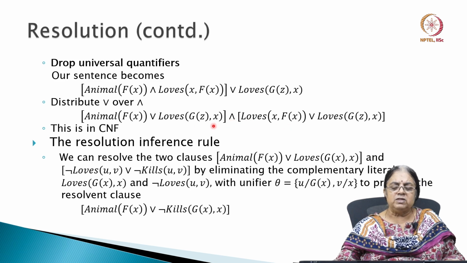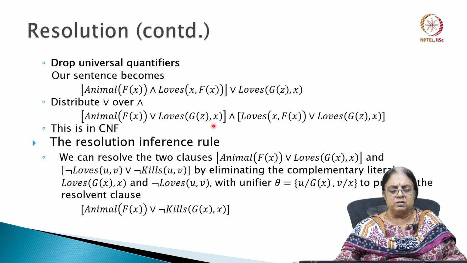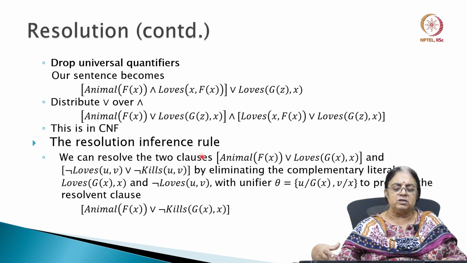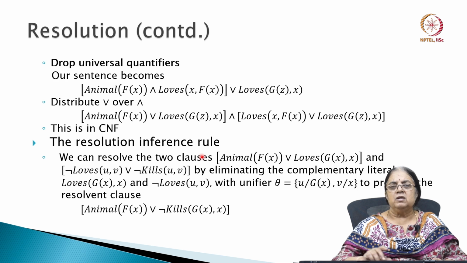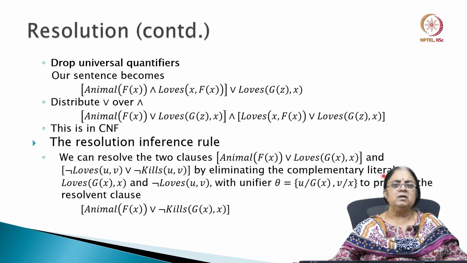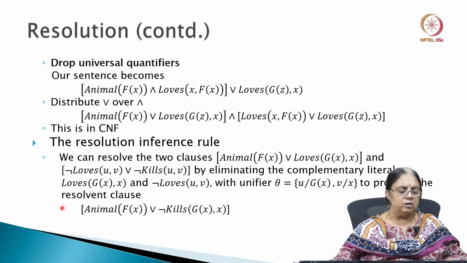So this is in conjunctive normal form. Okay. So once you get into a conjunctive normal form, you need to use the resolution principle. So resolution principle, like I said, you find two clauses which have one predicate which is in the positive form and in another one negative form, and then you can eliminate the complementary literals. So basically you are eliminating complementary literals over here.